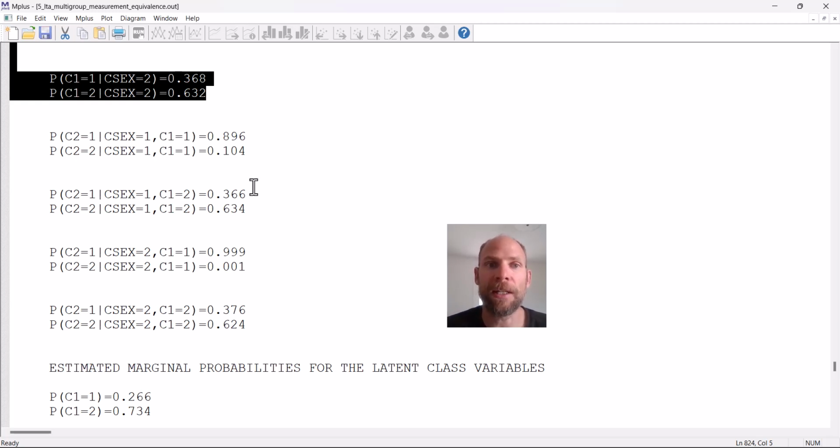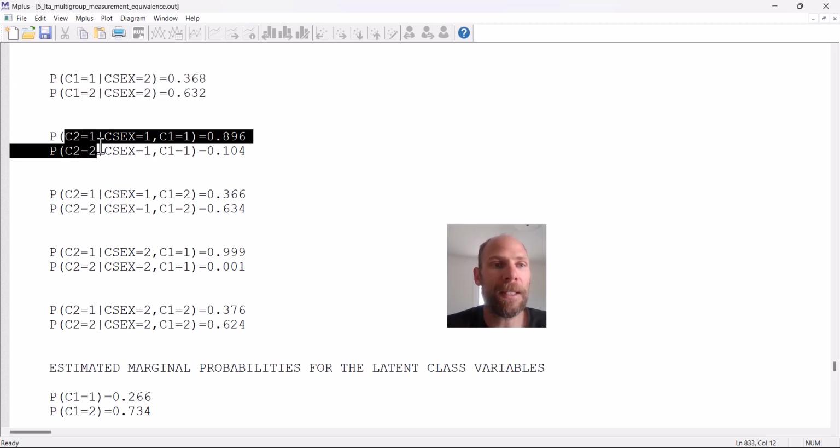There might also be gender differences in the transitions, and you can see that for females the probability of staying in class 1 over time, so where the C2 class variable takes on the value of 1 and the C1 class variable also takes on the value of 1, meaning they're staying in the same class in this case because we have measurement equivalence here across time, and so the C1 and C2 classes are the exact same. And so the probability of staying in class 1 for females, so given C sex equals 1, was 89.6%. So there was a high stability of class 1 in group female.